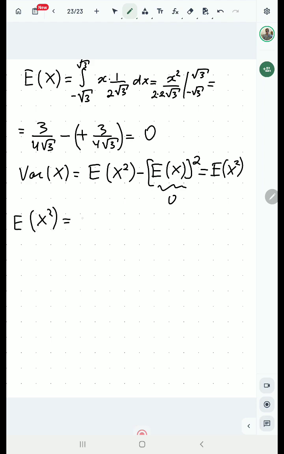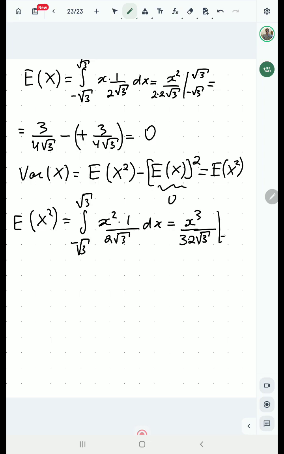This is basically the integral from minus square root of 3 up to positive square root of 3 of x squared times 1 over 2 square root of 3 dx, which is equal to x cubed over 3 times 2 square root of 3, evaluated within this interval.